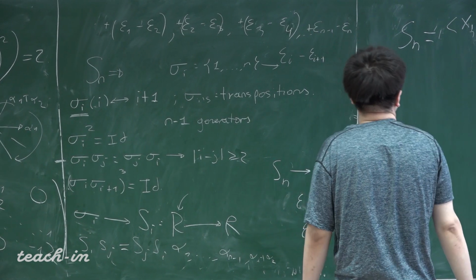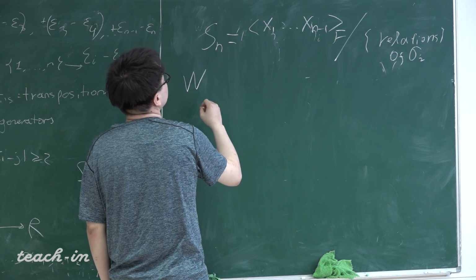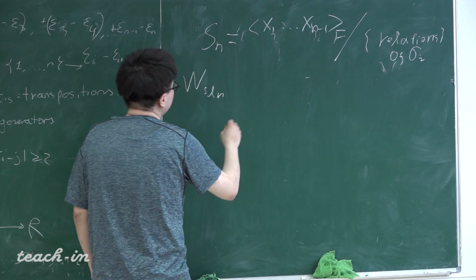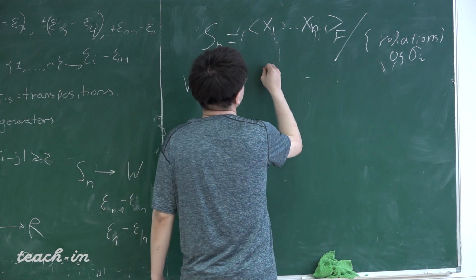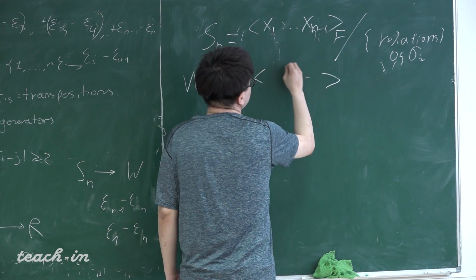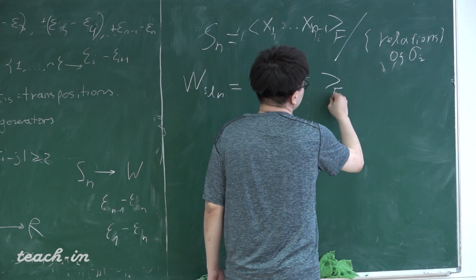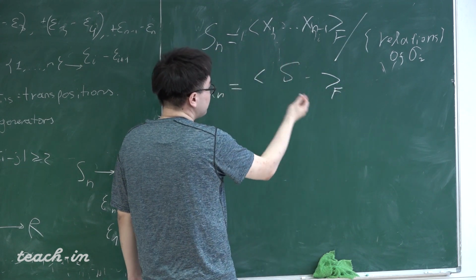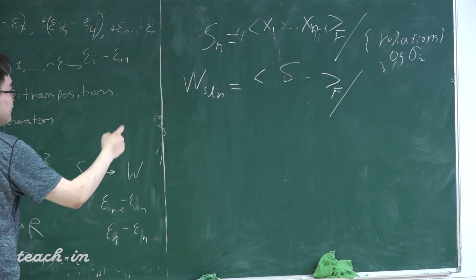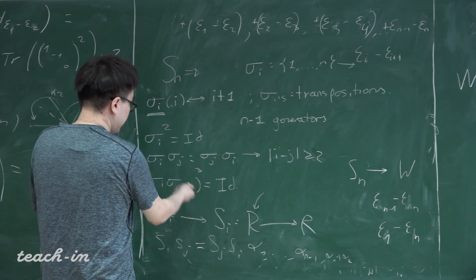we consider the Weyl group of SL. It is also generated by the simple roots, the free group generated by simple roots, modulo some relations, and first we check that the reflection of this simple root satisfies this relation.